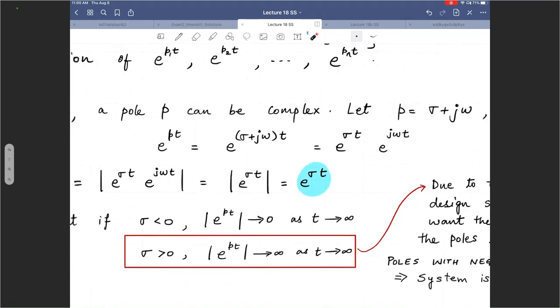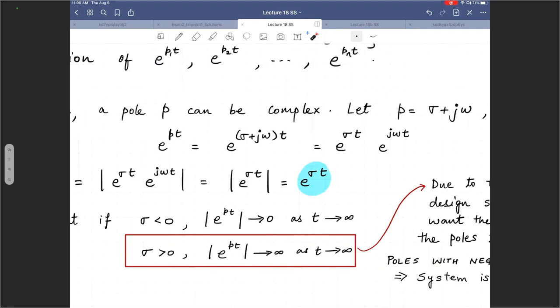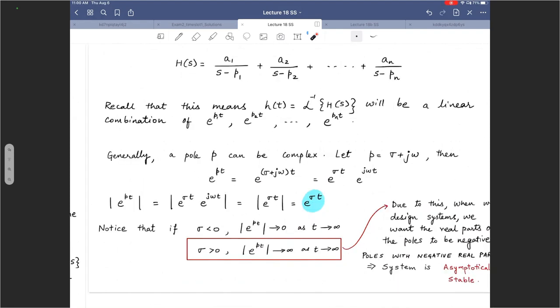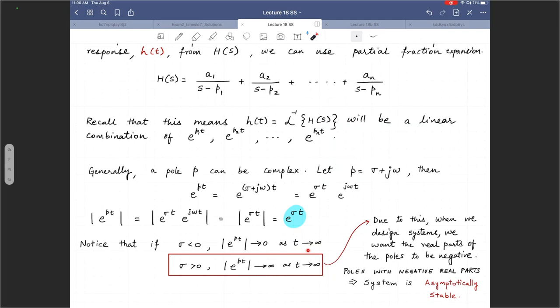So with that information, we can write these two statements. With sigma being negative, as time goes to infinity, the absolute value of e to the pt actually tends to 0, which means it is going towards stable behavior. What is a stable behavior?